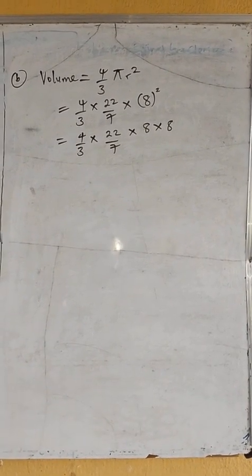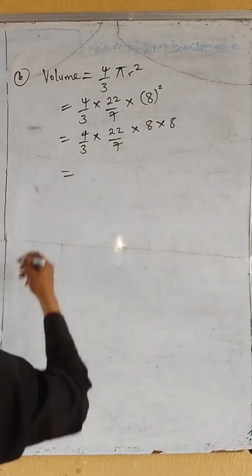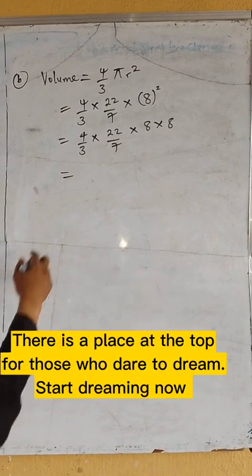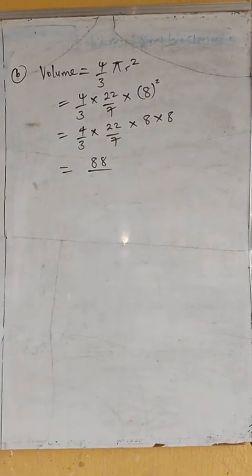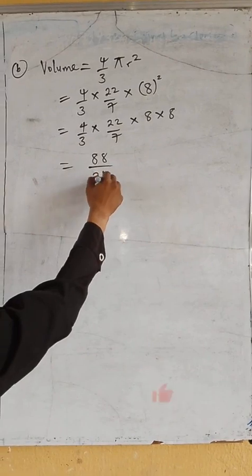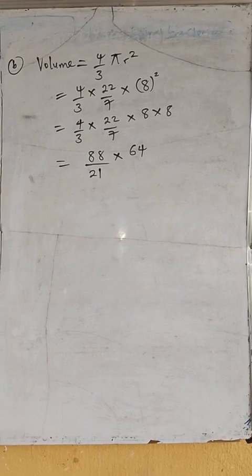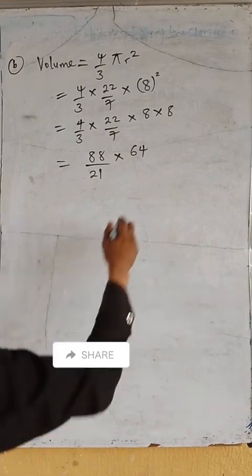Using the calculator, 4 times 22 will give us 88. And we are going to have 3 times 7 will give us 21. Then 8 times 8 times 8 will give us 512.